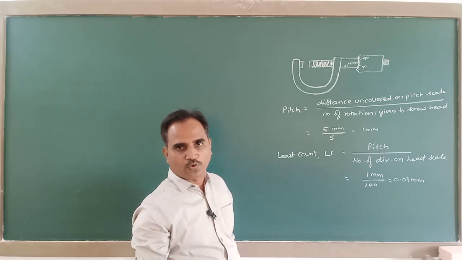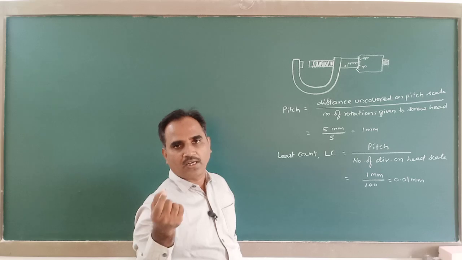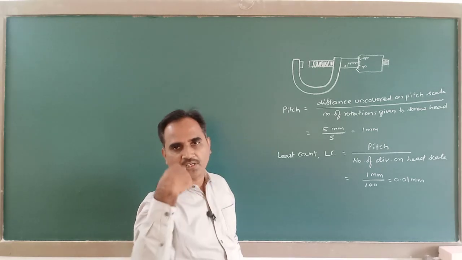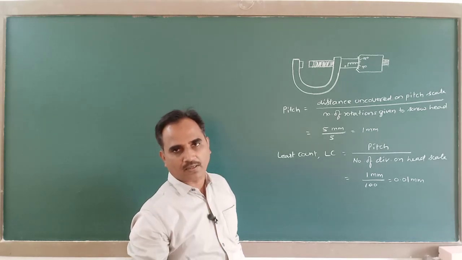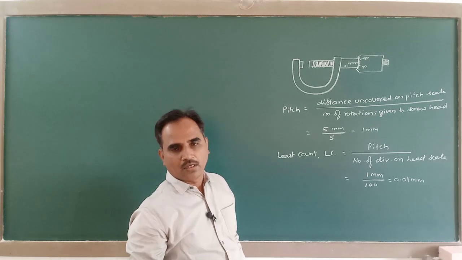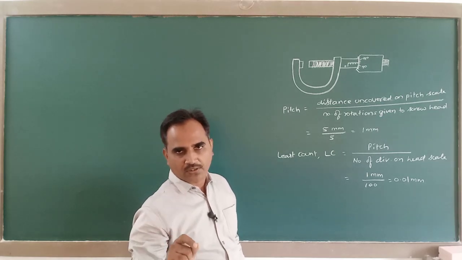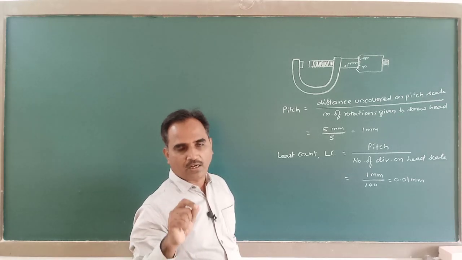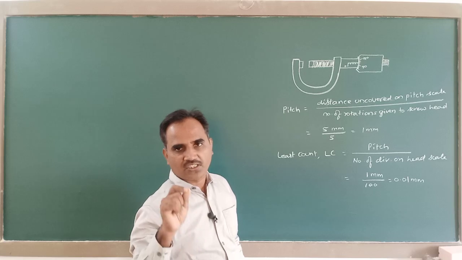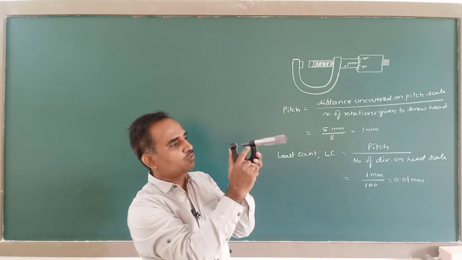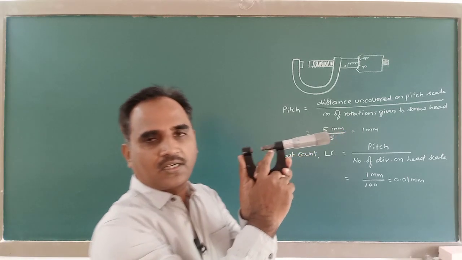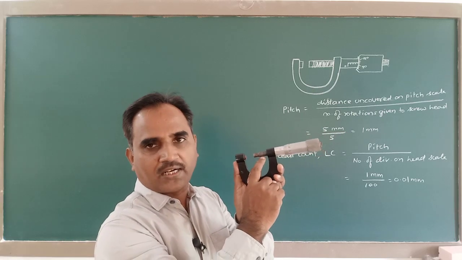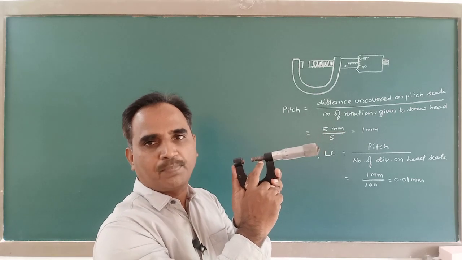So for different screw gauges, the divisions on the pitch scale and on the head scale differ. So before using any screw gauge, first you have to find the pitch of the screw, which I already told you is the distance between two successive threads. The distance between any two successive threads is called the pitch of the screw, or simply pitch.